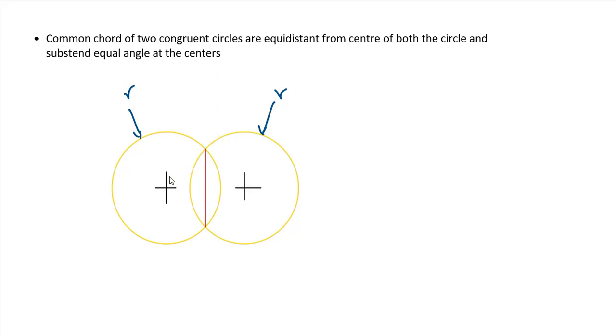So this common chord will be at equal distance from the center of both the circles. If this chord is at a distance of x from this circle, it will also be at a distance of x from the second circle. Also, the angle subtended by this chord at the centers of the circles will be equal. So if the angle subtended at the center of this circle is theta, then the angle subtended by this chord at the center of the other circle will also be theta.